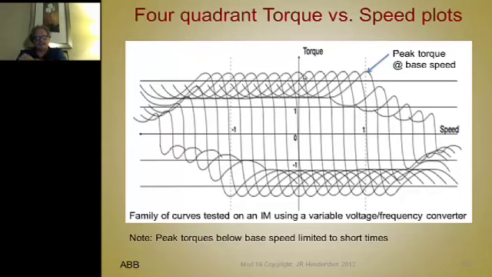And there's no sign of saturation here. We're still able to achieve these peak torques at low speed. So basically, a motor like this with flux vector control can produce torque right down to 0 speed.